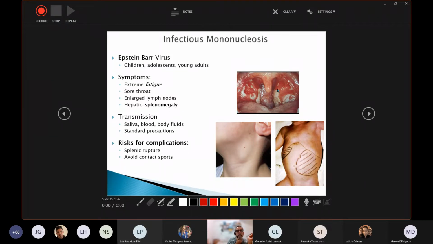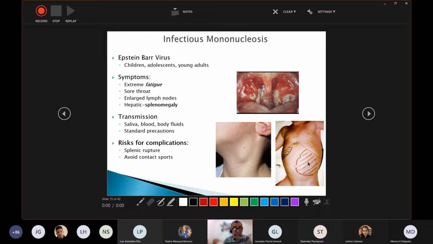Okay, when you're speaking, you sound like you have a potato in your throat. So it's called potato throat. And the lymph nodes are huge. And this is the most important, the splenomegaly. The disease in 1 week is gone. Okay, no antibiotics, only relative rest, Tylenol.